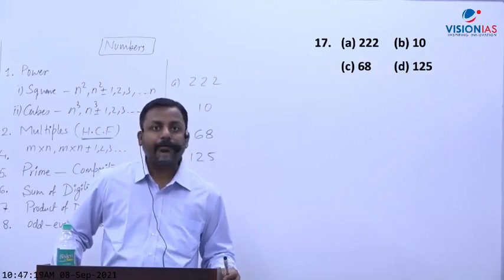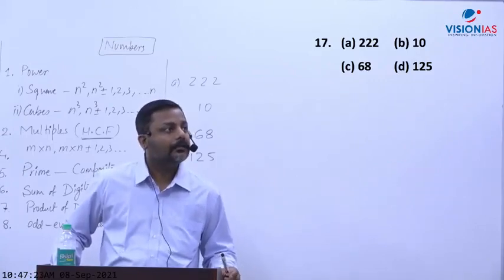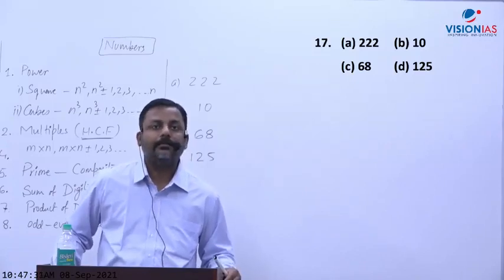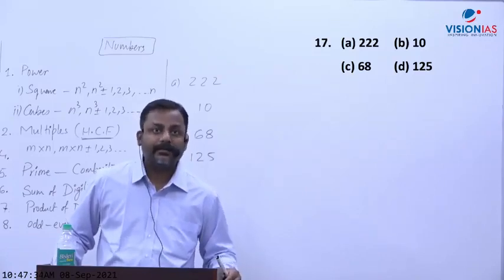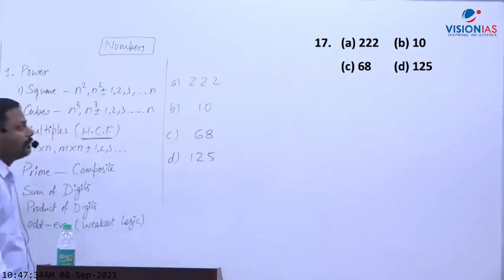So we have to consider the factor which is greater. Okay? Nadeem? Among 2, 4 and 7, I feel 7 is the highest value. So now, see this particular question now.